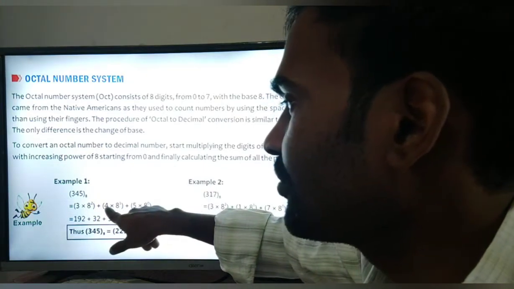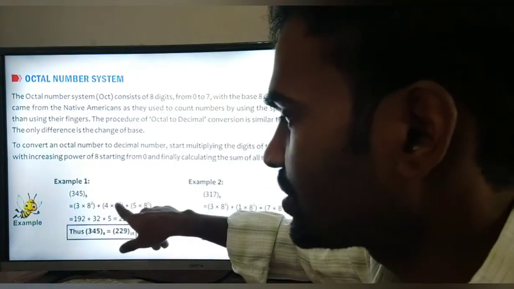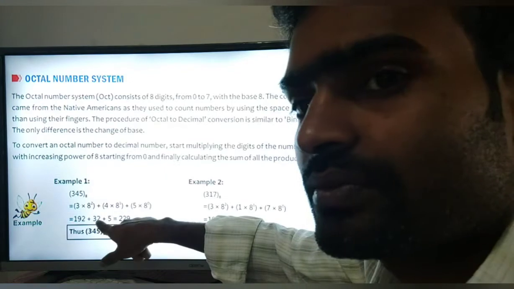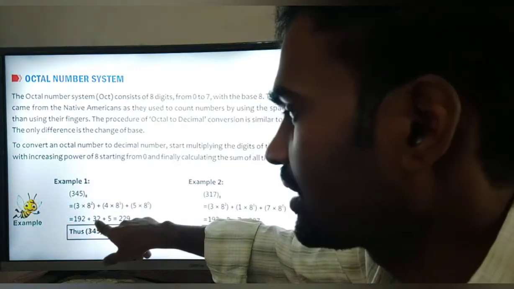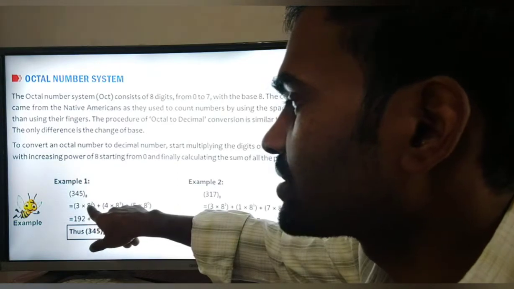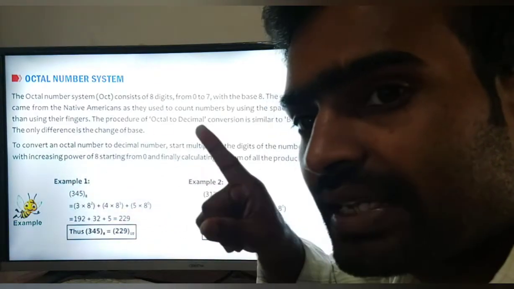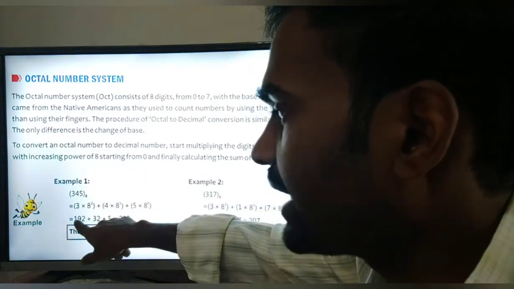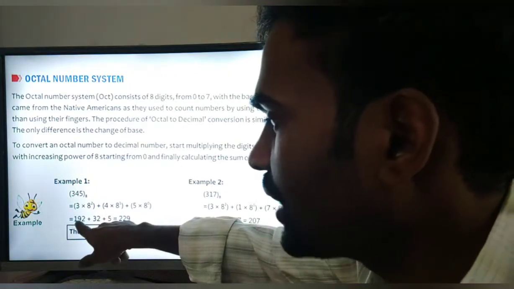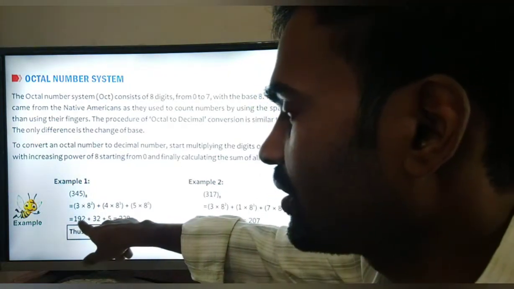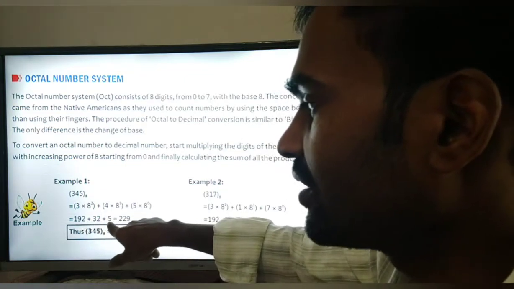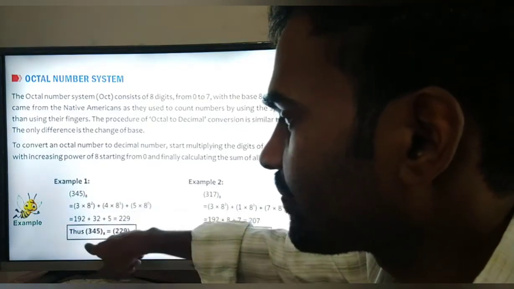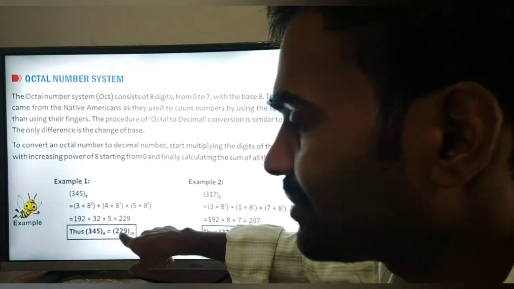When we take 4 into 8 power 1, the same value 8 comes, so 4 into 8 is 32. And 8 square means 8 into 8, which is 64, and 64 into 3 is 192. Now add all three values: 192 plus 32 plus 5, and we get 229.